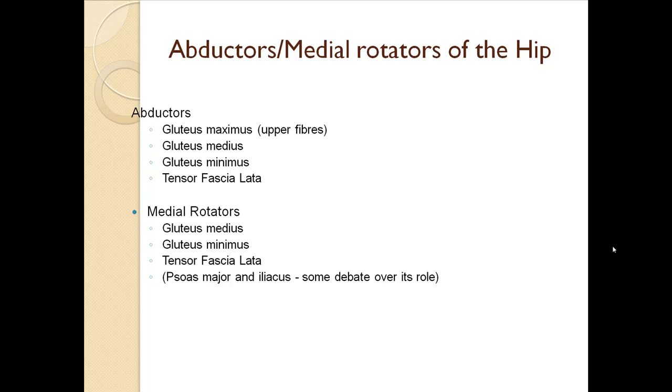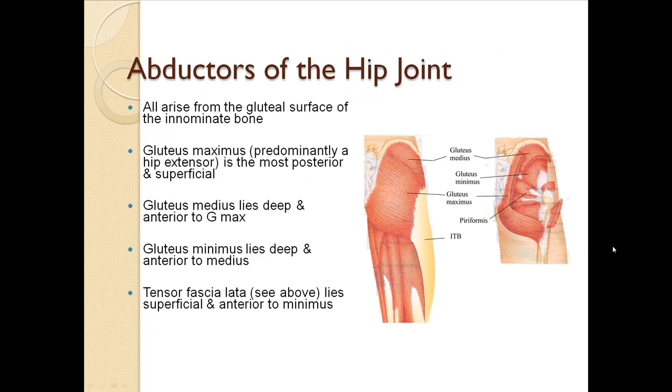Psoas major and iliacus may also assist with medial rotation, although there is some debate as to their role as medial rotators. The dual role of medius, minimus, and tensor fasciae lata is important during the weight-bearing phase of gait. All of these muscles arise from the gluteal surface or the lateral surface of the ilium, of the innominate bone.